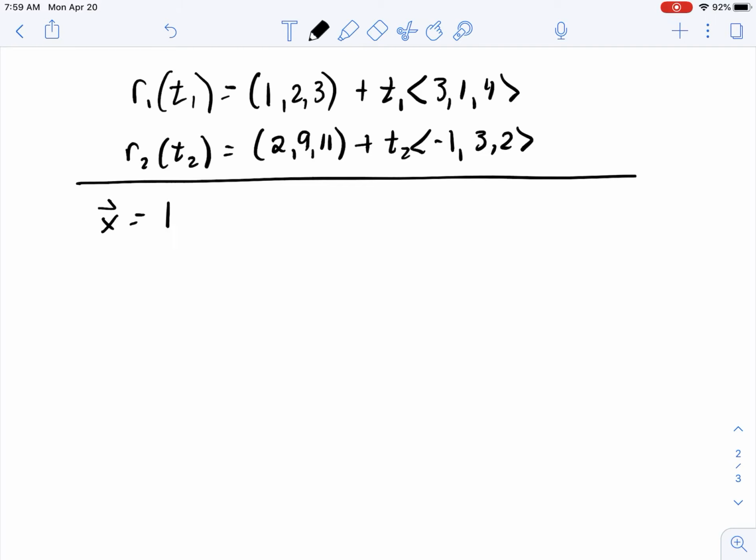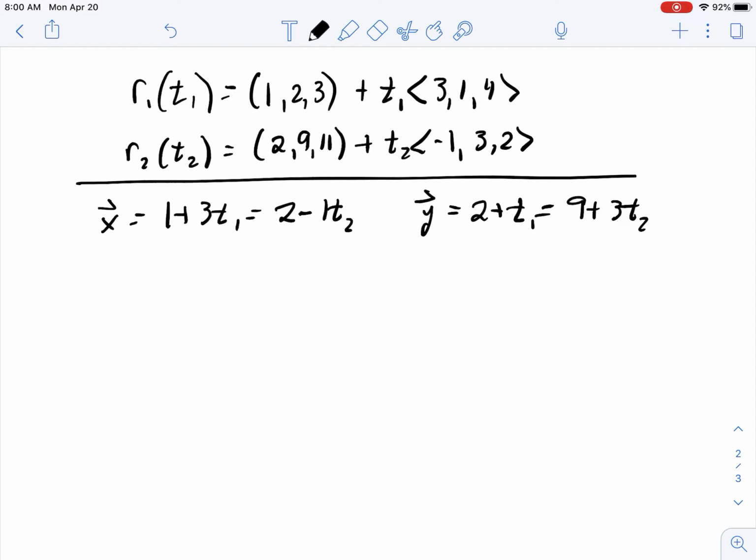So again, my x component: I have 1 plus 3t1, 2 minus 1t2. My y component then would be 2 plus t1 and 9 plus 3t2. All right, let me just double check everything. I think we're good to go.